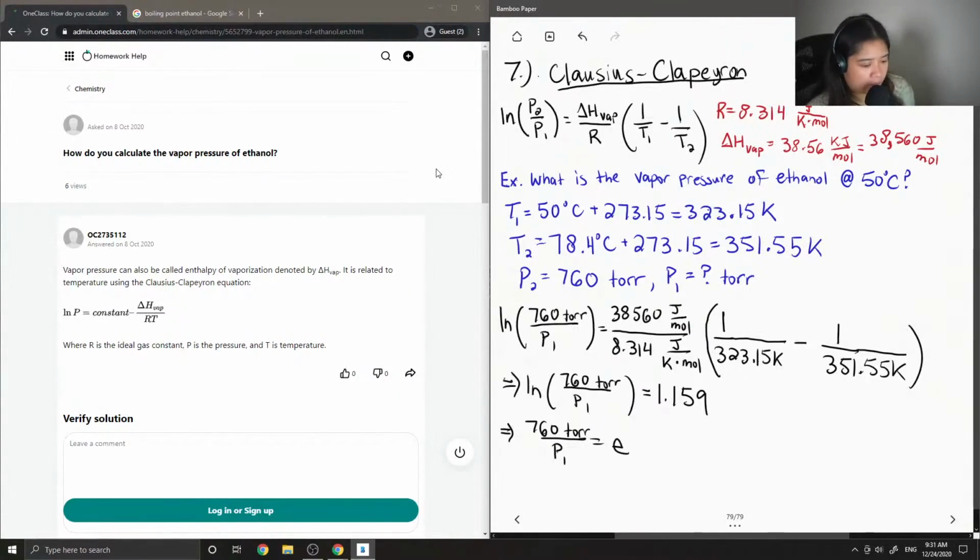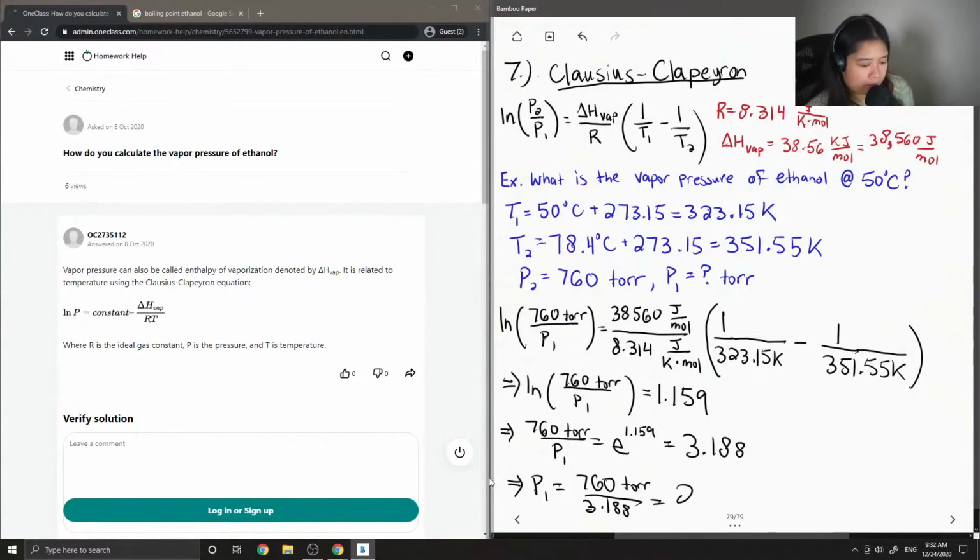Forget what this term is called. Which is 3.188. And then finally, we just isolate P1 by doing 760 torr divided by 3.188.